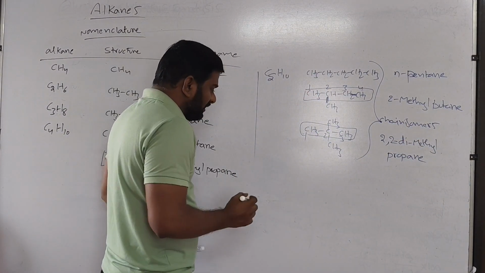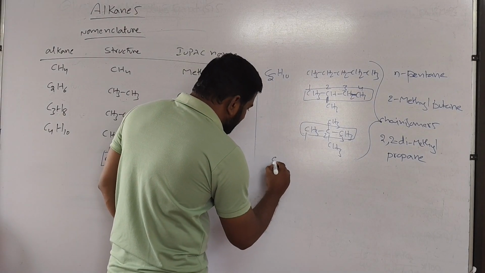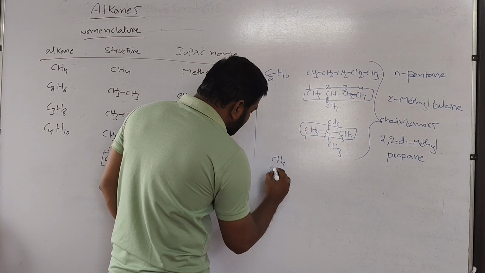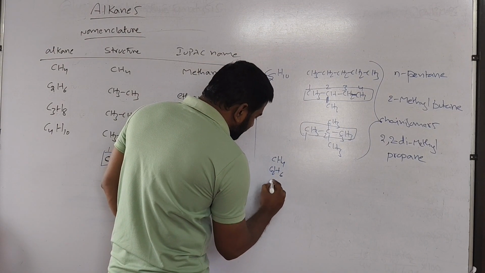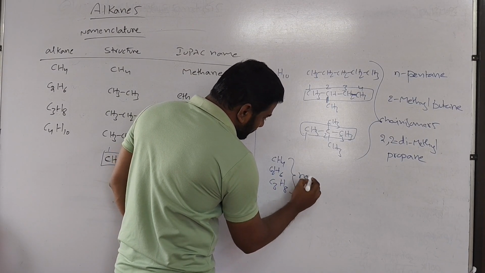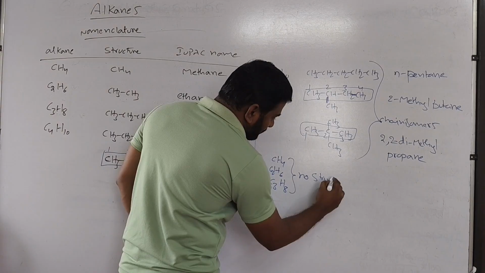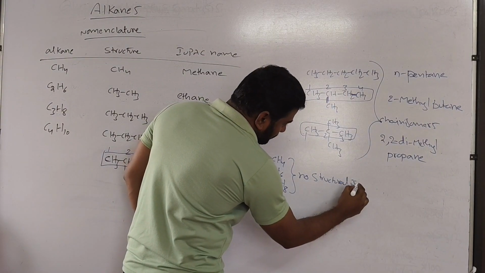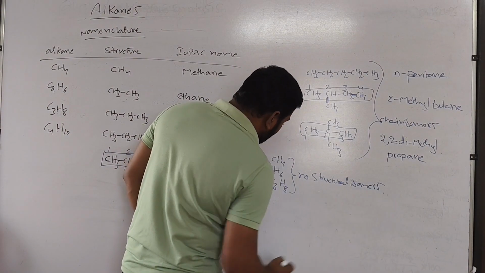If you see the structural isomers for alkanes: CH4, C2H6, C3H8, these three have only one structural isomer.